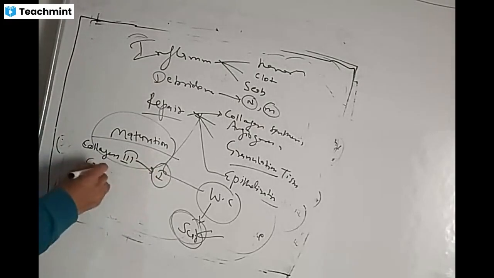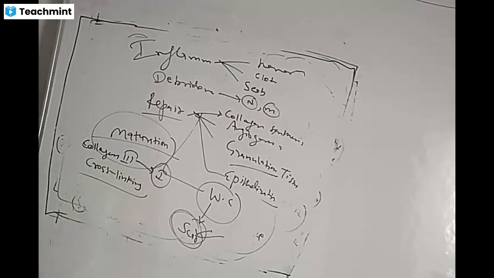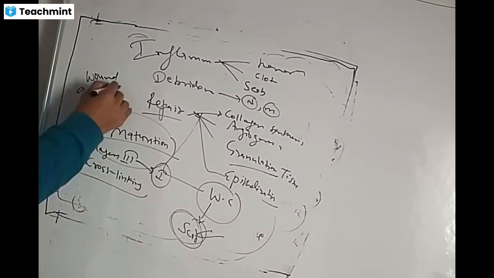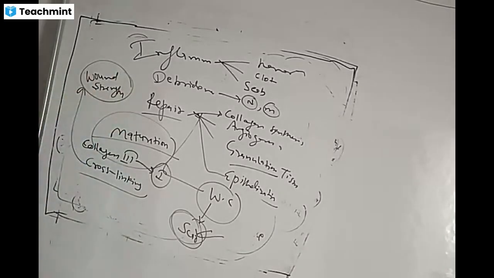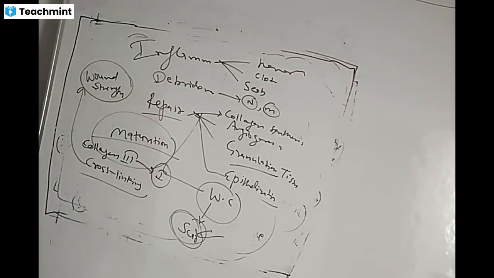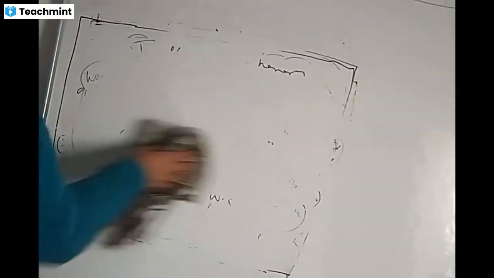There will be cross-linking of collagen. Why cross-linking? To obtain a good wound strength. So the last step is the maturation of the wound.